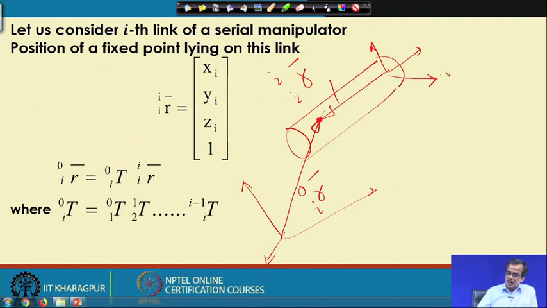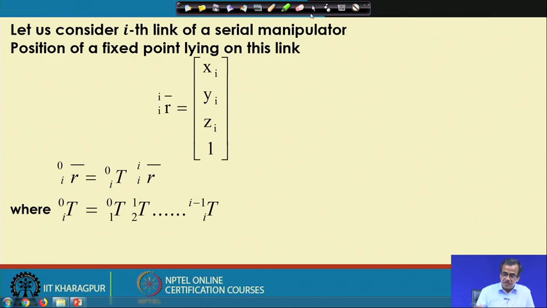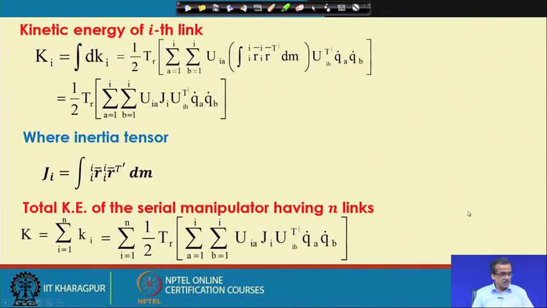This is the ith coordinate system, and this is the base coordinate system. In the ith coordinate system, the position vector is known. Now, I am trying to find r_i with respect to the base coordinate frame, for the same point. So, this is the way we can represent r_i with respect to 0.